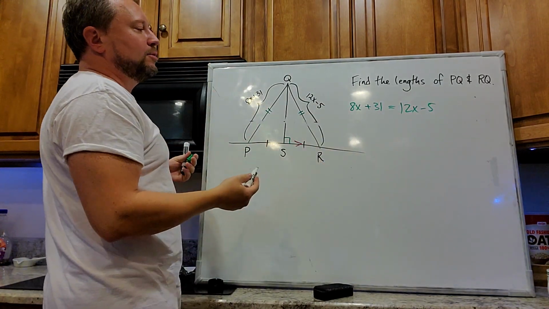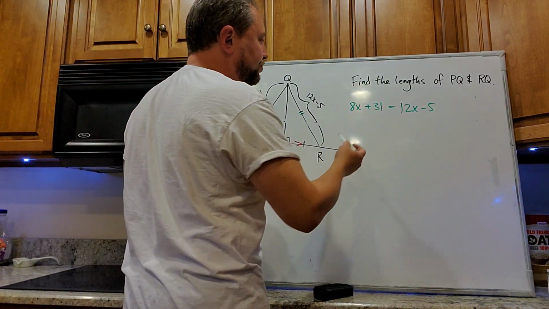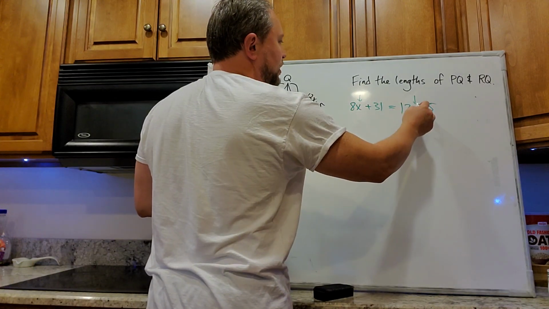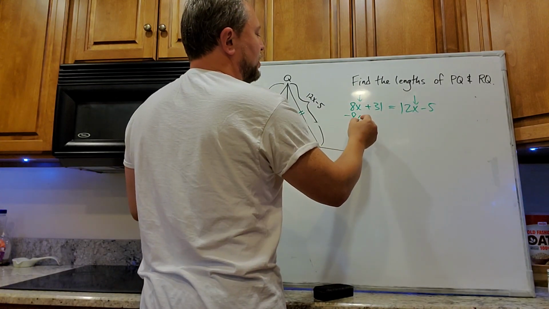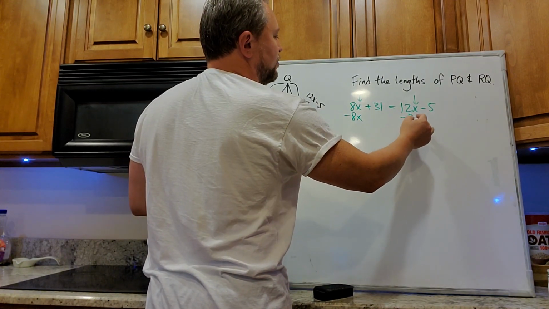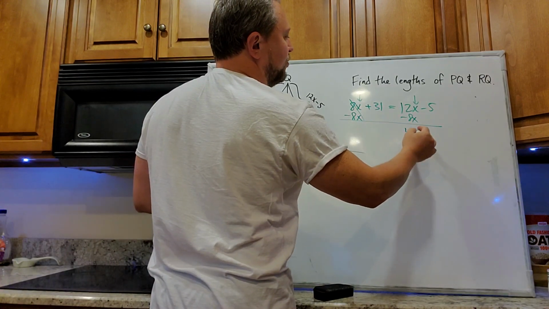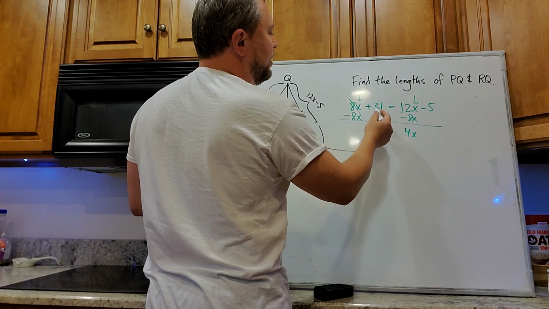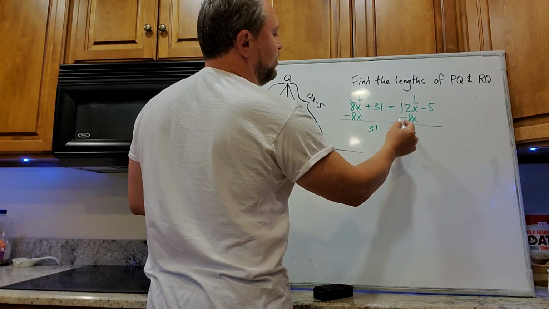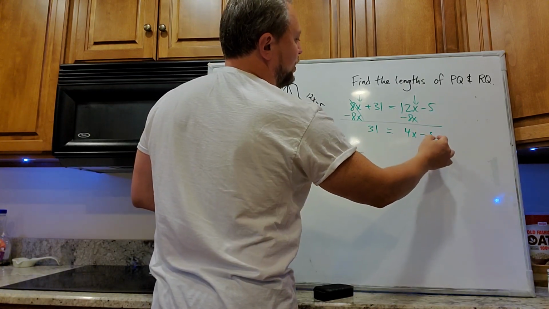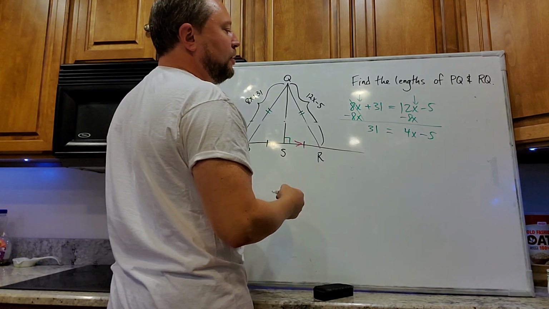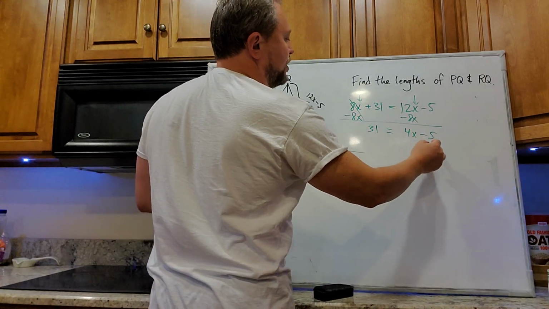And I could use that to solve for x. I've got an x on each side, like a sheriff and a bandit. I'm going to get rid of the weaker one, so I'm going to subtract 8x from both sides. That's down to 4x over here. Bring the rest of it down as well. We got 31 equals 4x minus 5 over there. Continue to add and subtract as long as you can.